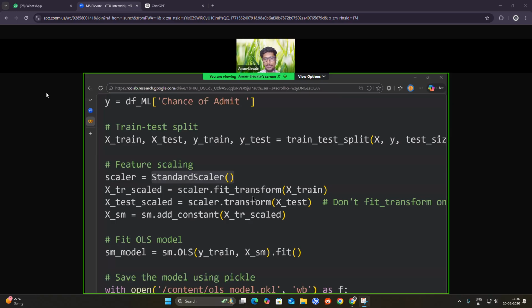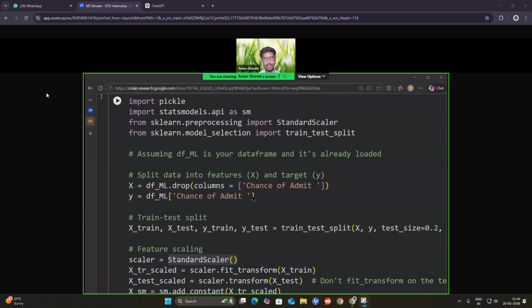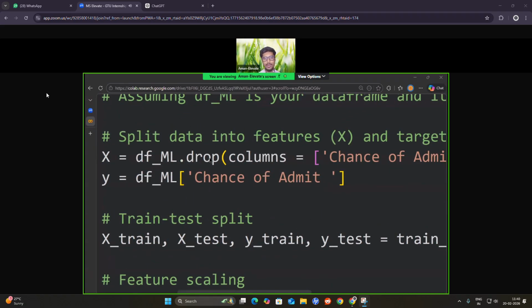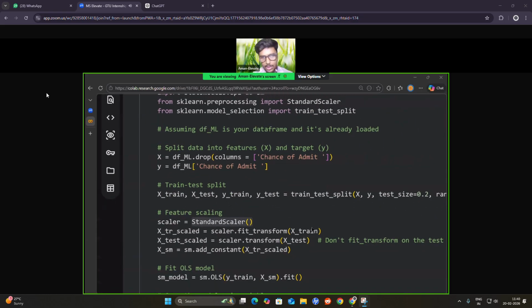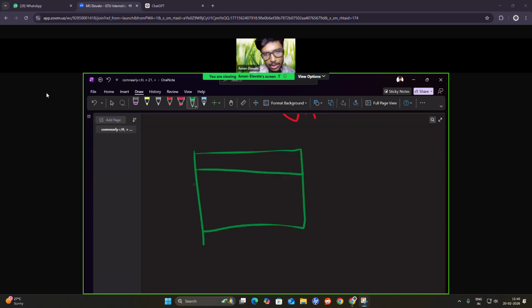Okay, explain, repeat X and Y. X and Y is nothing but, okay, so what we do is, we actually split the data, right? So this is the data.